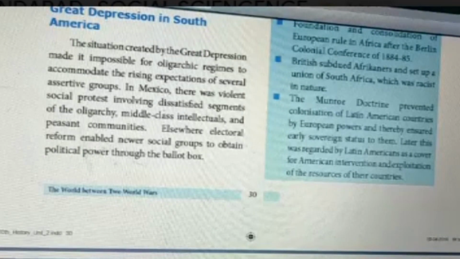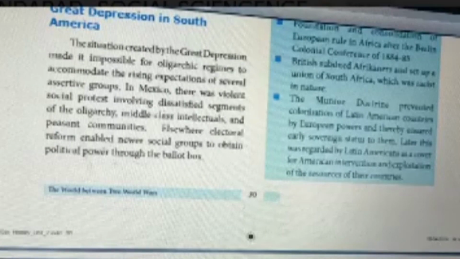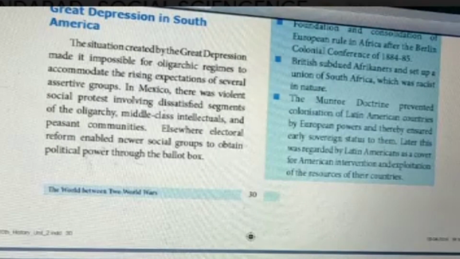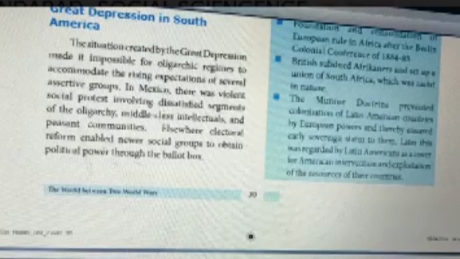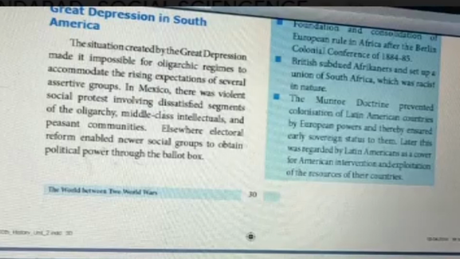Here the ruling class means oligarchic groups. The peasants and everyone were against the ruling class regime. The native people and powerful leaders made the ruling class the weaker section, so they could not control the people in all the zones.